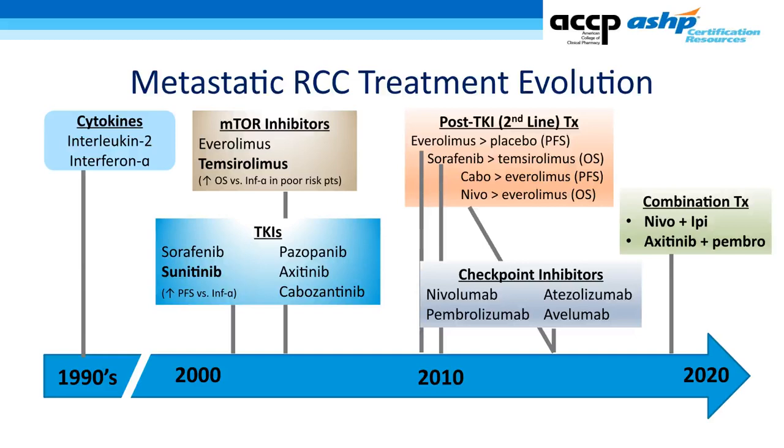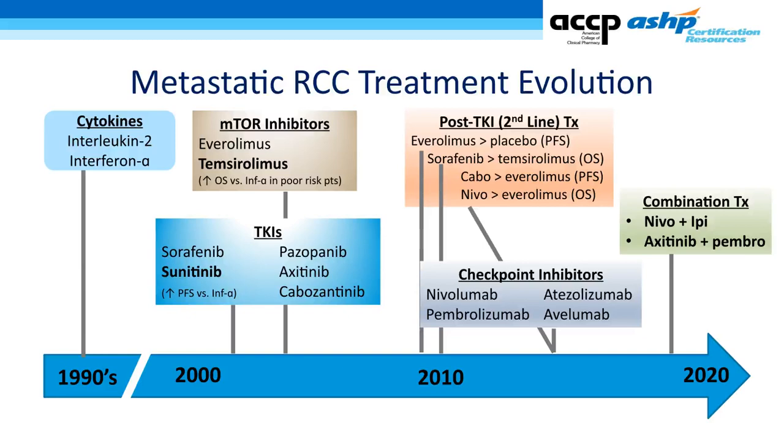So the conventional wisdom was TKI, then an mTOR inhibitor. However, those studies actually showed that TKI followed by TKI, whether it be sorafenib or cabozantinib, was better than an mTOR inhibitor. We also saw that nivolumab in the second-line setting was better than everolimus. As such, mTOR inhibitors have somewhat fallen out of favor due to their lack of success in the clinical trials.